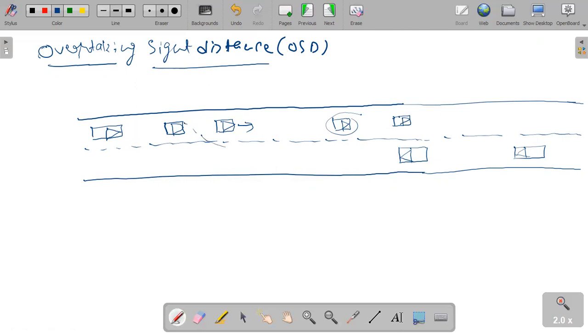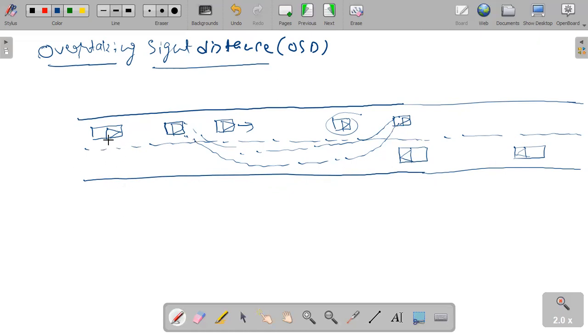If this vehicle wants to overtake this vehicle and needs to come here, that is the overtaking sight distance. By what time does this vehicle need to come to this position so that it does not collide with this one? This is all about overtaking sight distance.